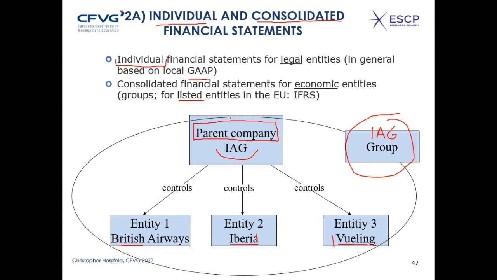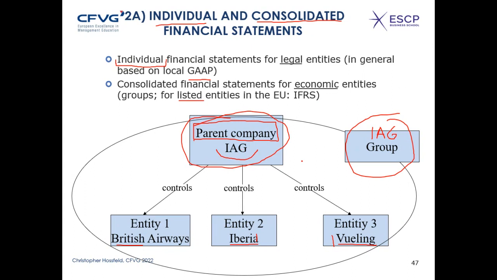Well, it refers to the parent company. So usually in most groups, it's the parent company that is listed. Here I can buy IAG shares on the stock market. I cannot buy British Airways or Iberia or Vueling shares. However, sometimes it's also possible that several entities are listed.